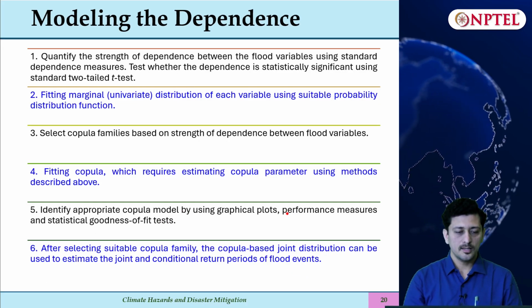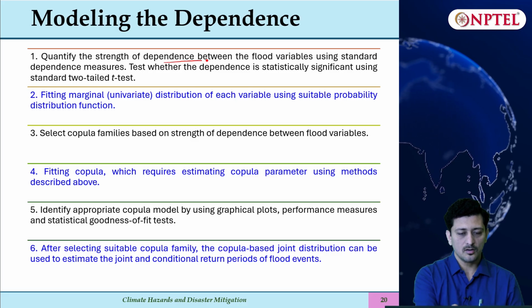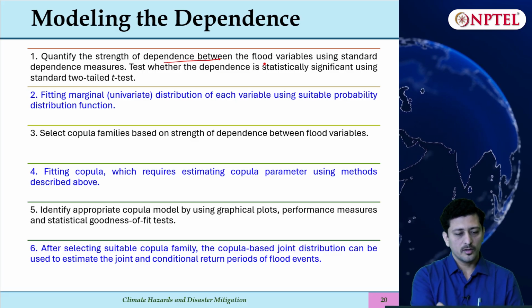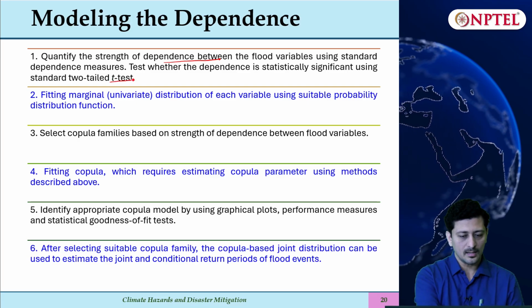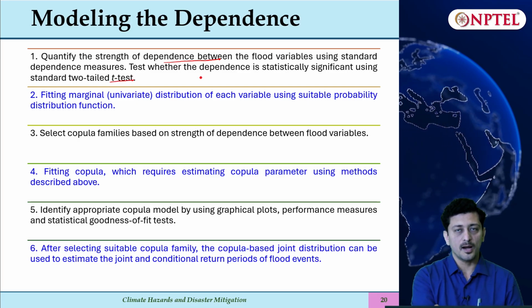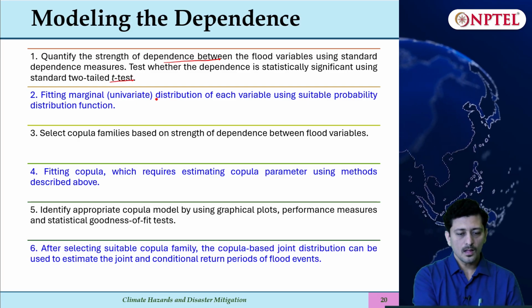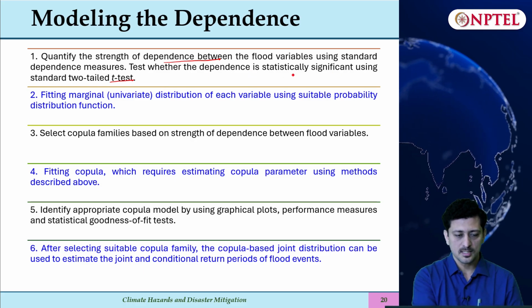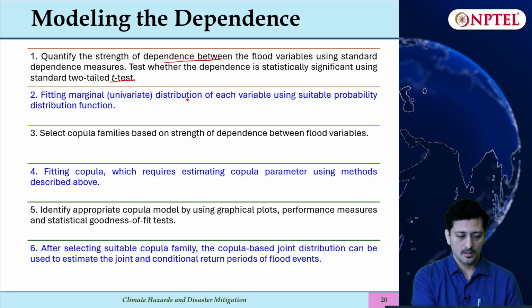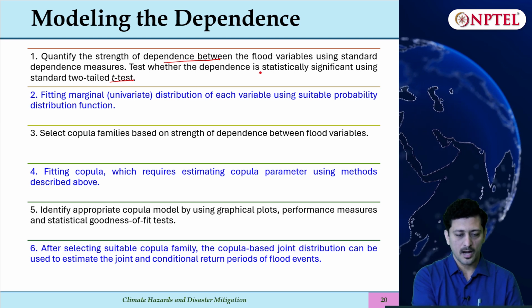When we want to model the dependence, we want to quantify the strength of dependence between the variables. We can do this either by using a parametric test, or we can go for a non-parametric test as well. Non-parametric tests involve correlation measures like Spearman's rho or Kendall's tau.